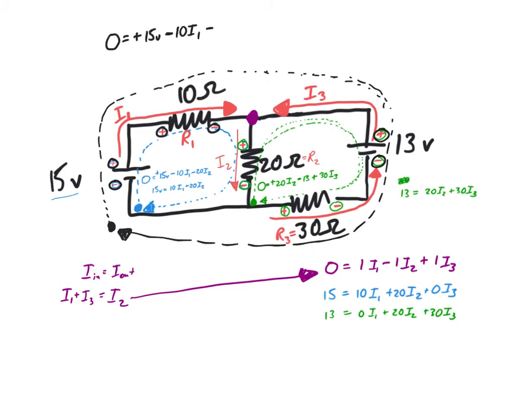That's a decrease in voltage of 13 volts. And then our last element, resistor 3, negative side to positive side. That's going to be an increase of 30 multiplied by I3.